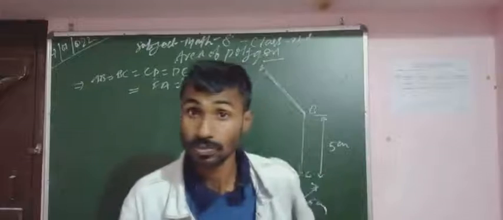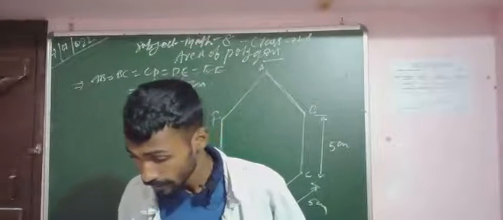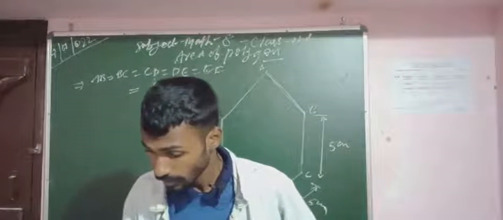Now look at this, the side of the polygon is given, and height and width.